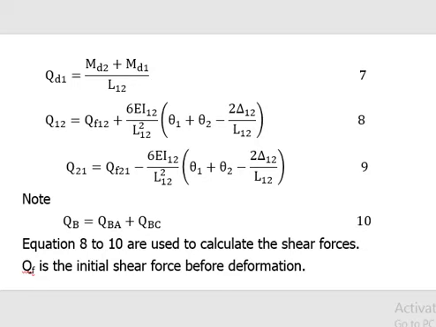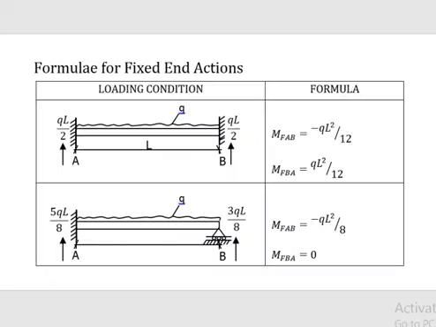Therefore, it takes some load from span AB and also some load from span BC. Hence, equation 10 is used to describe the total reaction at that support, that is QBA plus QBC. Equations 8 to 10 are used to calculate the shear forces. QF is the initial shear force before deformation.